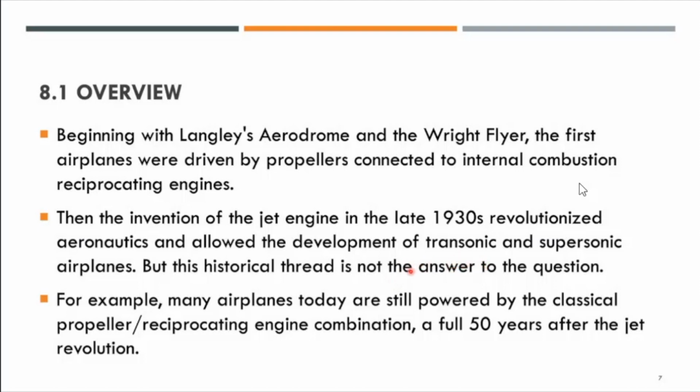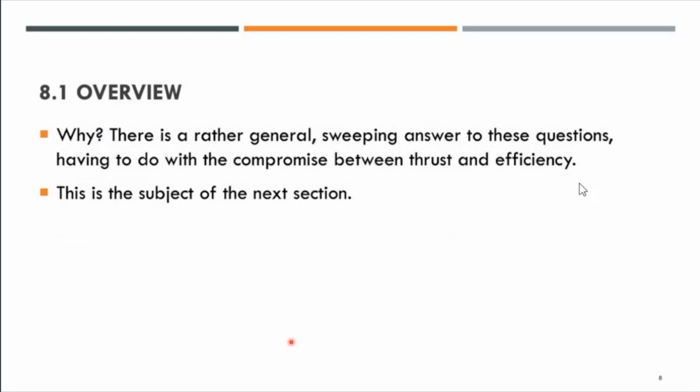Why do we have such a family of gas turbine engines? For example, many airplanes today are still powered by the classical propeller and reciprocating engine combination. Right? It's already more than 50 years after the jet revolution, and still, why? There is a rather general sweeping answer to this question, having to do with the compromise between thrust and efficiency. Do we need a very high thrust, or medium thrust, or low thrust?